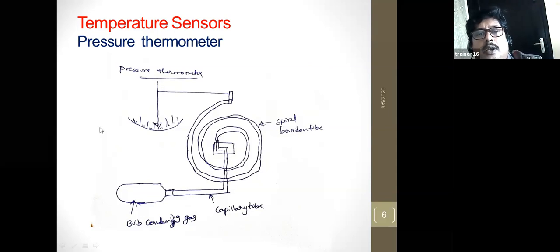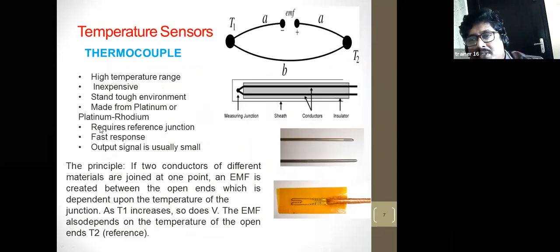Thermocouple. All of you know thermocouple. A thermocouple is nothing but two dissimilar materials joined together, and the junctions are maintained at two different temperatures. That is, one is a cold junction and another is a hot junction, thereby the EMF is produced.